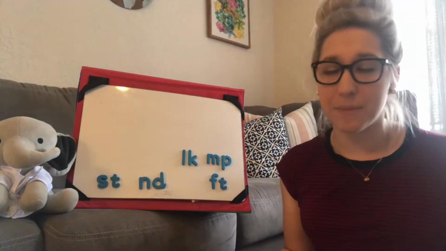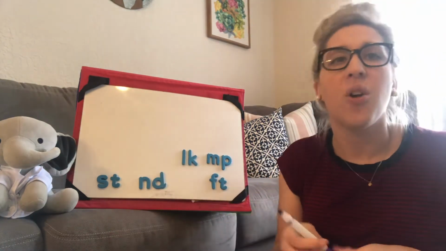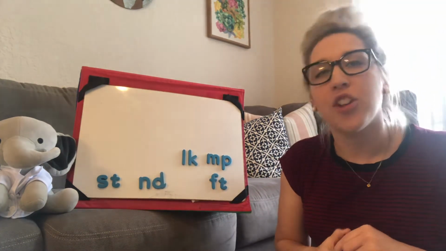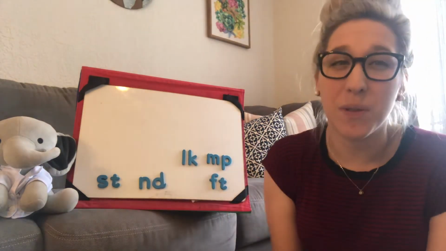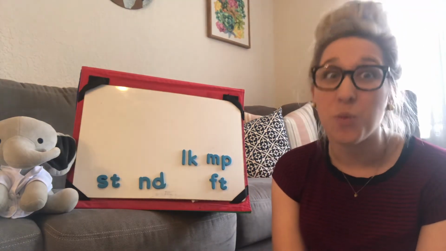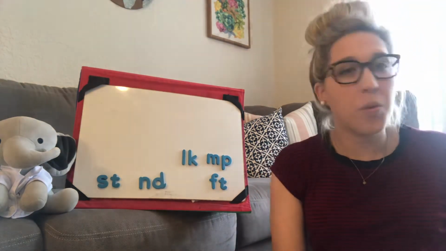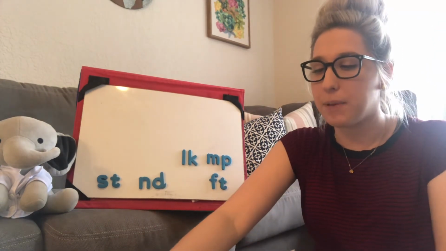Okay. With these blends, we didn't do all of them, but with all of these, we really want to think about what our blends at the end are, which ones we're hearing and which ones we're not, so that we can spell them and read them the best way that we can. Your work today will be just like your work yesterday, but this time focusing on blends.